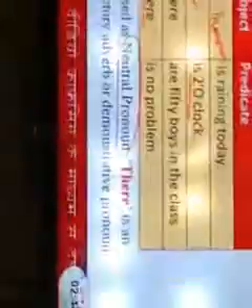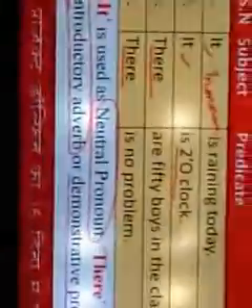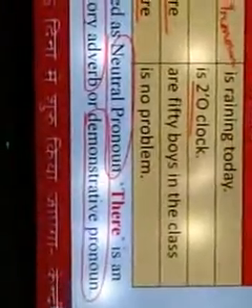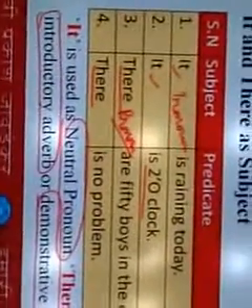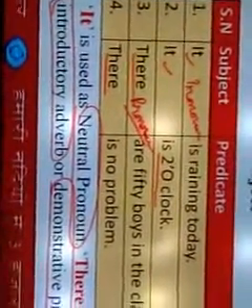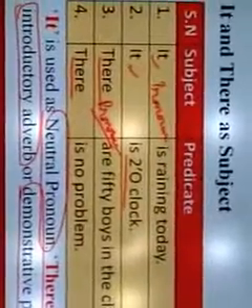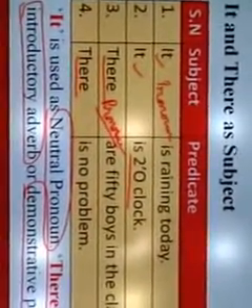There is no problem. There is an introductory adverb, or it may also be called a demonstrative pronoun. It is also a kind of pronoun. So we have seen it and there may also be used as subject.